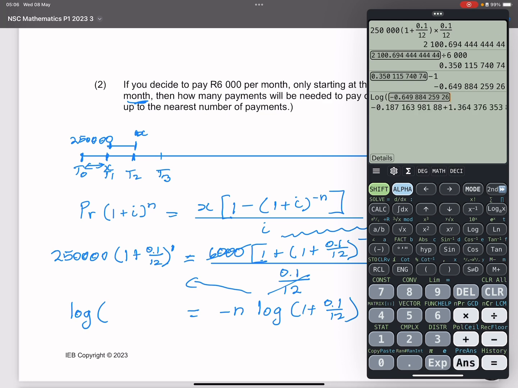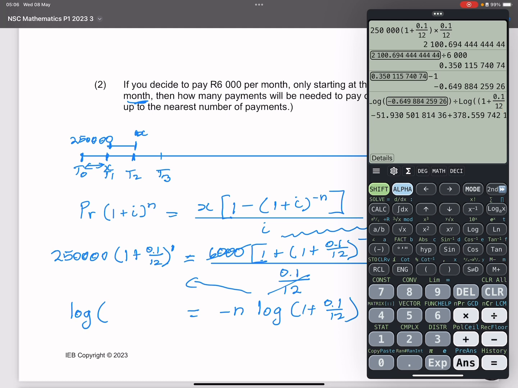Okay, so the log of our answer, so that we do not round off at this early stage, divided by the log of 1 plus 0.1 over 12.